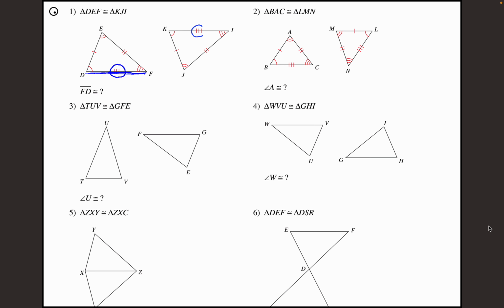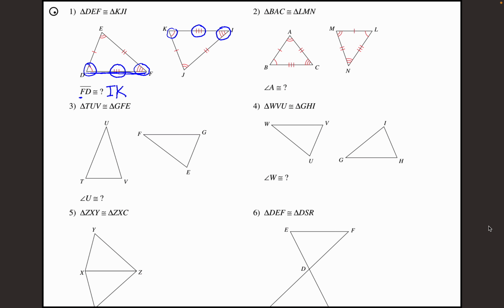It's IK. Now, pay attention that it's important to do IK because F is our first letter. That has the 3 congruent symbols. So does I. So that has to be our first letter. Then K is our second letter. All right, it has 1. D has 1. Okay, questions about that?